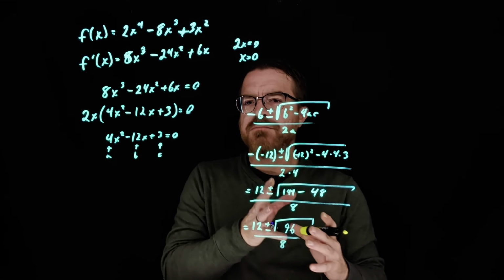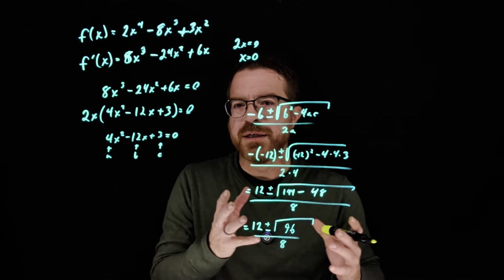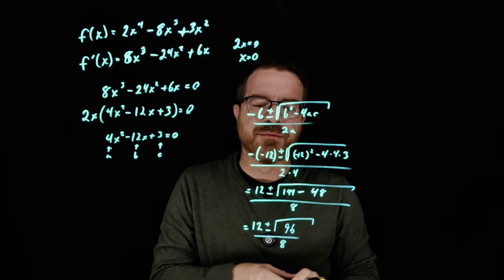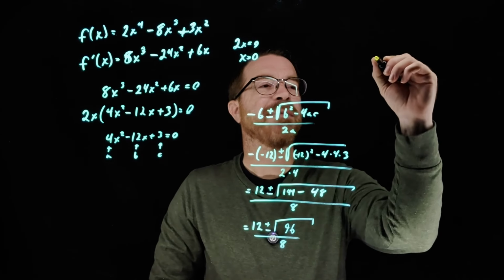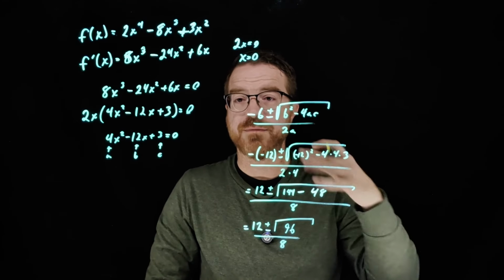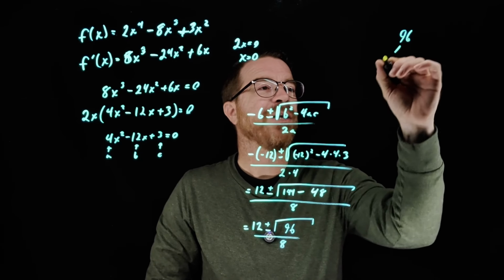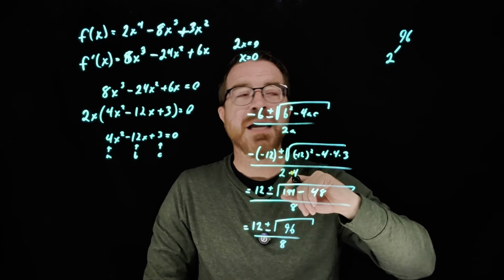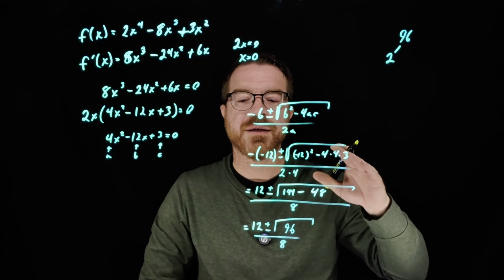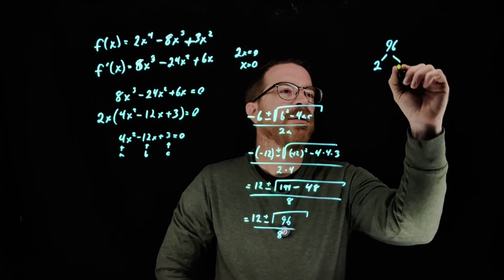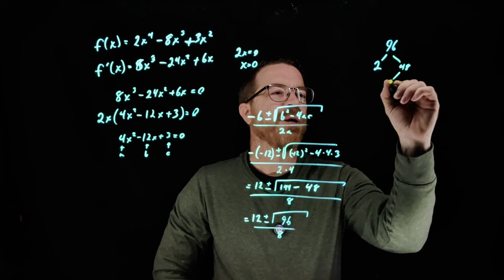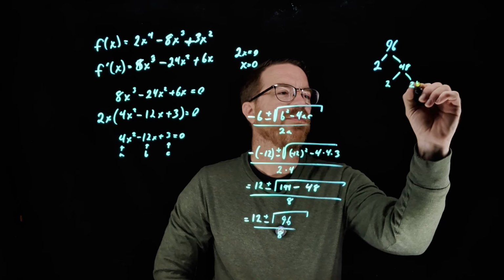Okay, so now I don't know exactly what I can pull out from the square root of 96. So what I'm going to do is I'm actually going to use prime factorization to figure it out. So if I have 96, I know that I can pull a 2 out of this, and that's going to leave me with 48. And then again, I know I can pull another 2 out. This is going to leave me with 24.